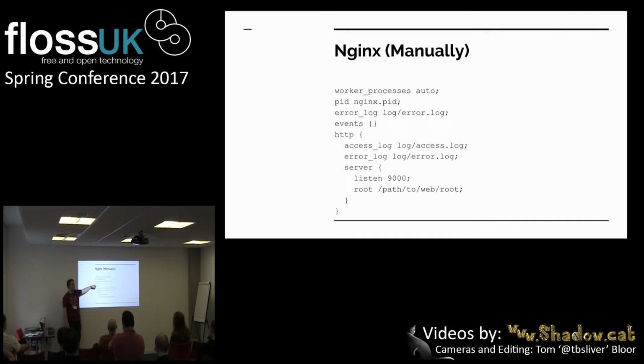But if you don't have that block there, it just will not start and it doesn't have a logical error for it. It took me about an hour to figure out what the hell it was wanting. And then just an HTTP block with a particular server listening on the folder you need. So very, very similar to Apache.